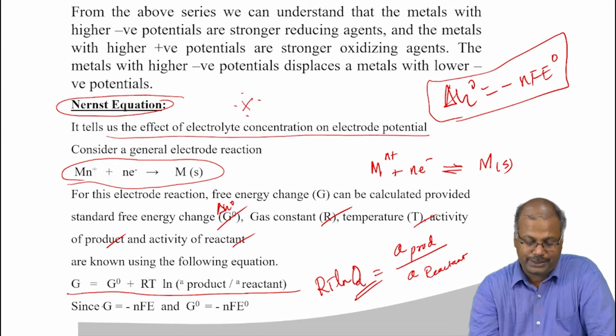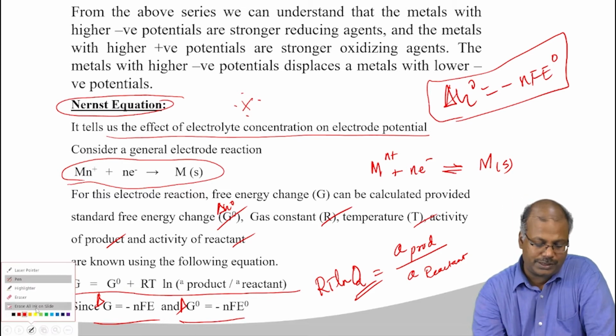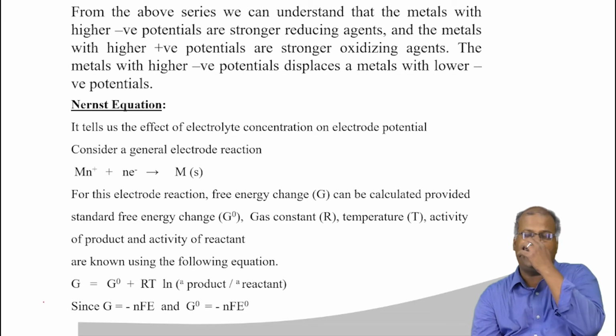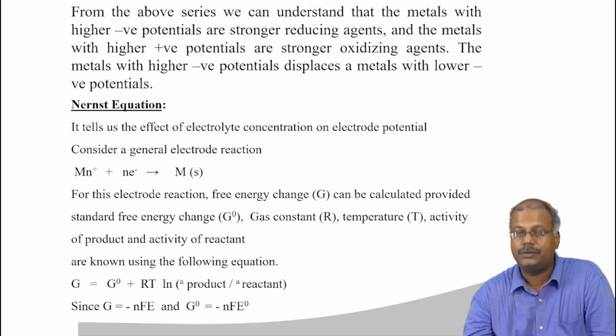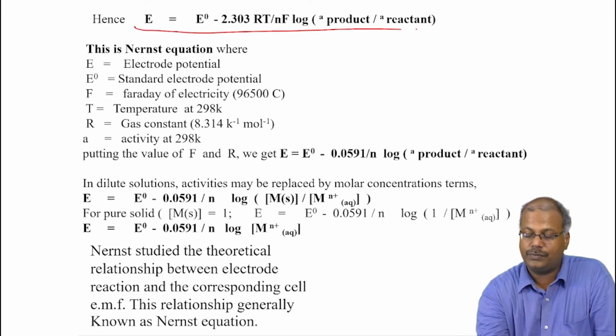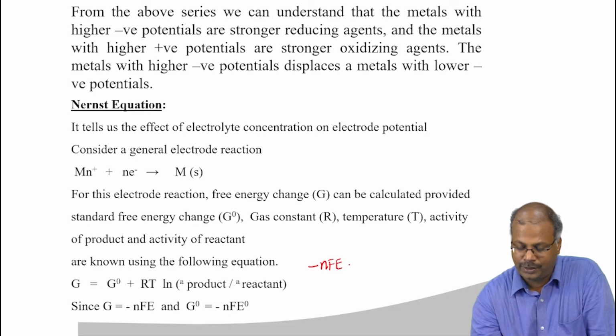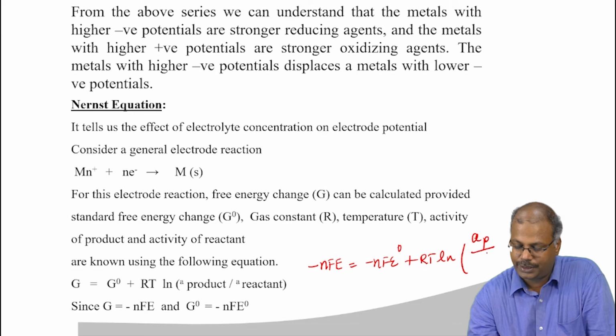So we know that delta G is equal to minus nFE, and delta G naught is equal to minus nF E naught. This is how we arrive at the Nernst equation, the derivation. If you substitute these expressions, it becomes minus nFE is equal to minus nF E naught plus RT ln activity of product by activity of reactant.